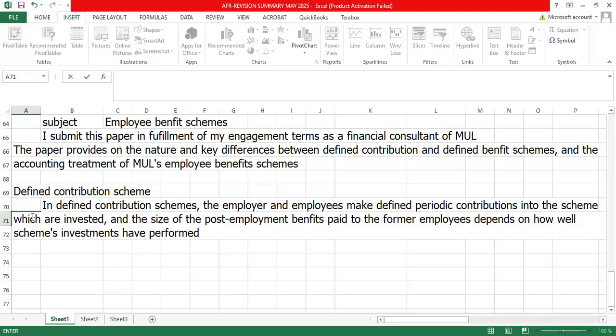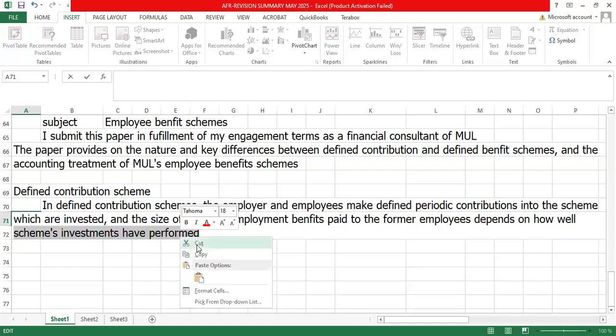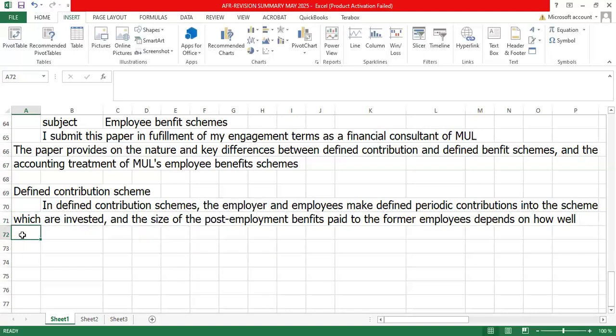Because when you're contributing this money, it doesn't mean that the money will just remain on the account. You have to invest that money. At the end, of course, you're going to receive, like NSSF. You contribute every month. That money is not just on the NSSF account.